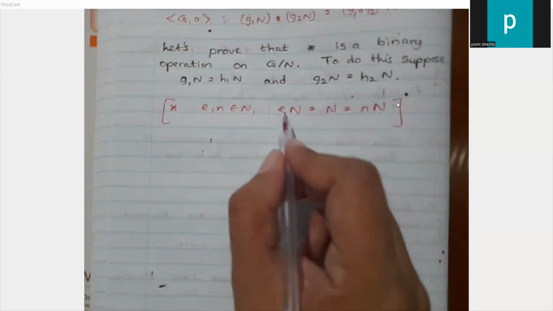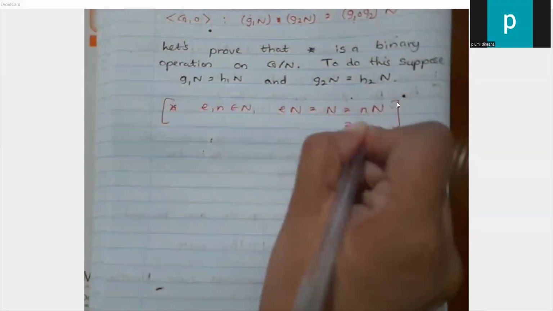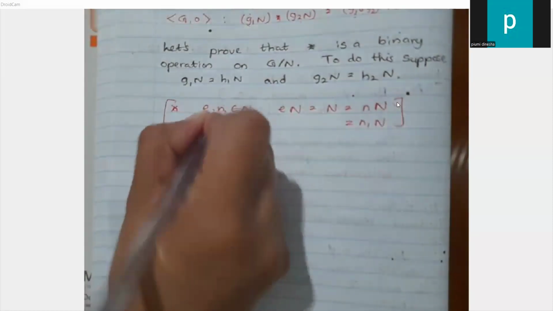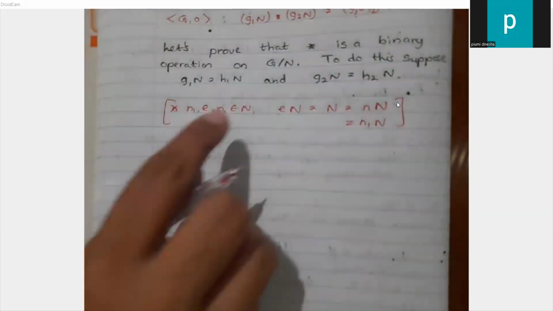So we understand eN is equal to n1N, where n1 is another element in the normal subgroup N. So the same coset you can write with different representatives in that coset, right?